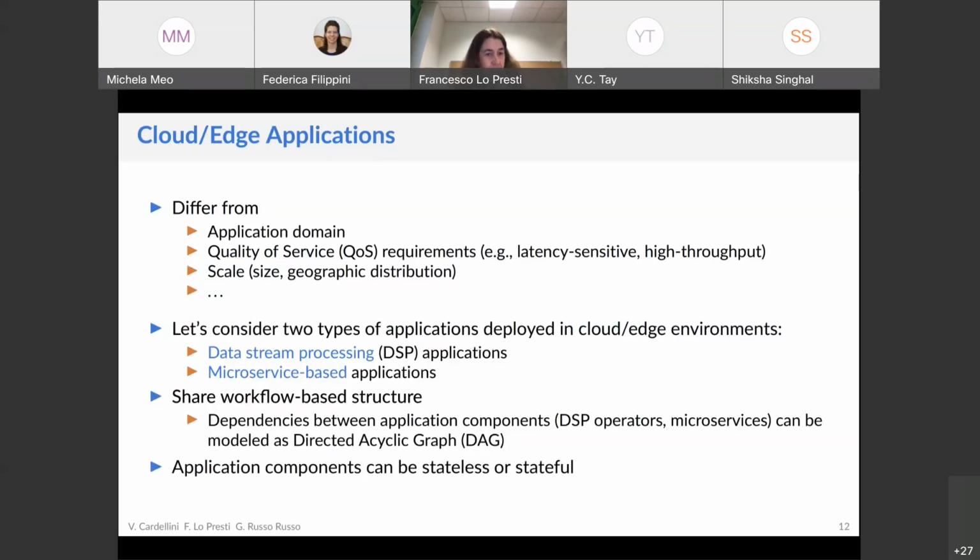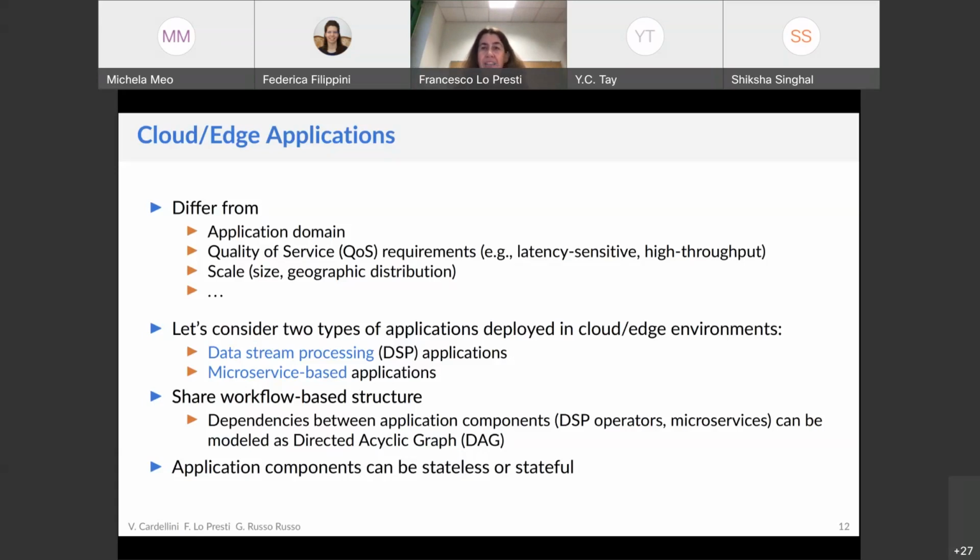The applications that we have can have different quality of service requirements. For example, you can have latency sensitive applications in an edge environment, or you can have applications that demand a high throughput.